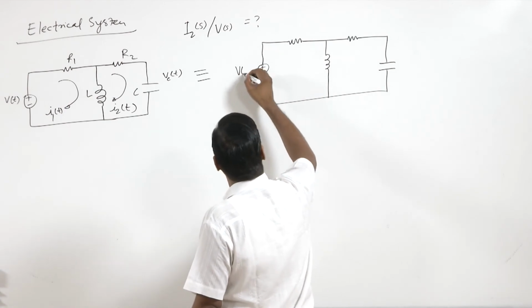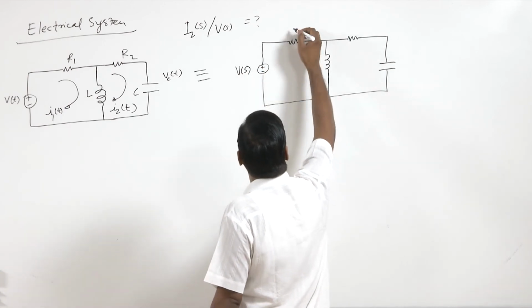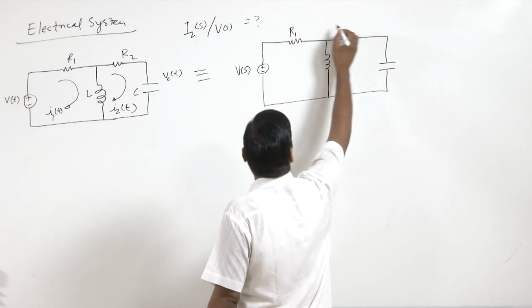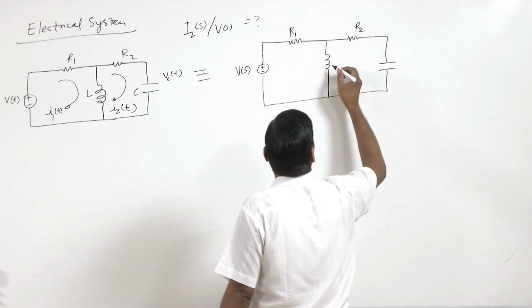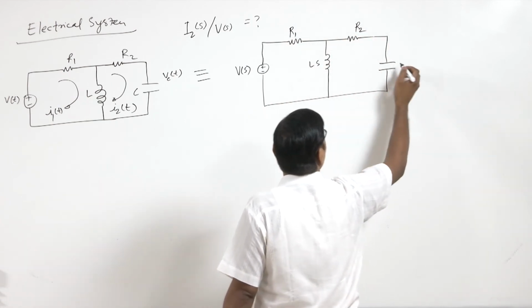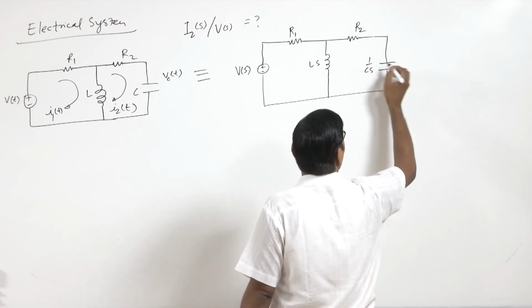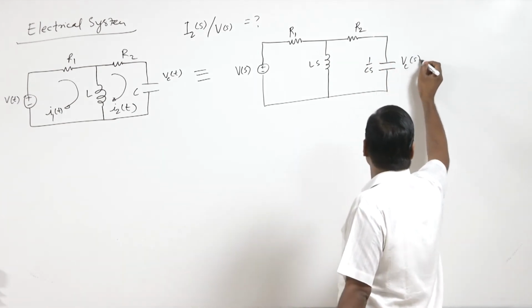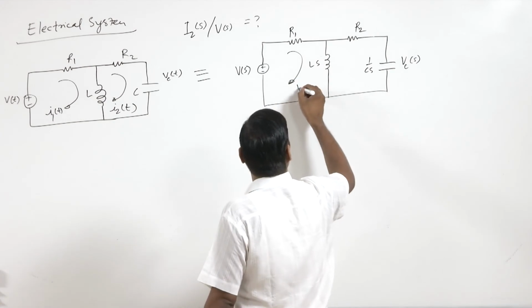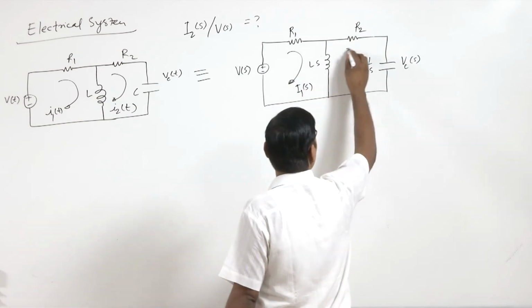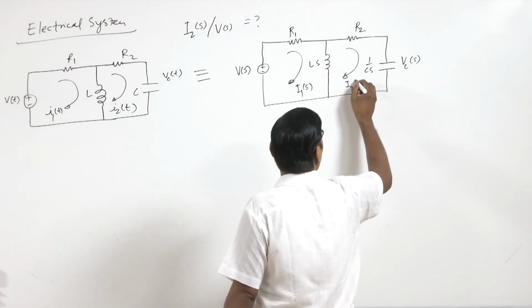Here is V(s), this is R1, R2, this is Ls, this is 1 by Cs, and here is Vc(s). Here is I1(s) and this is I2(s).